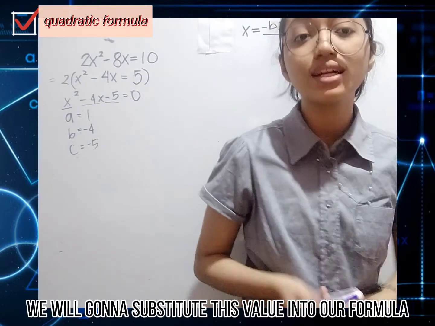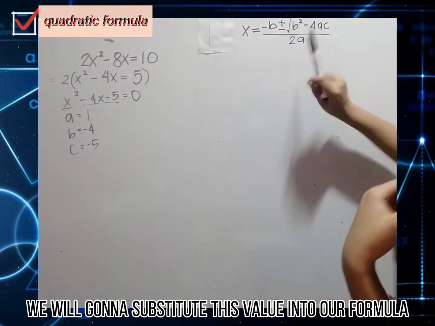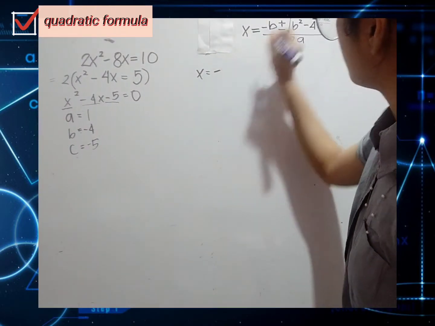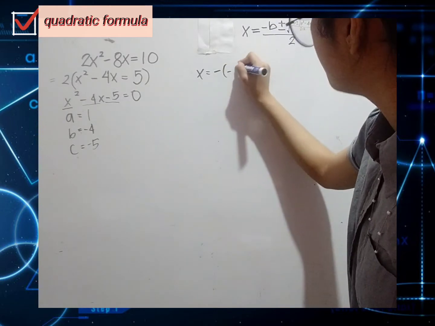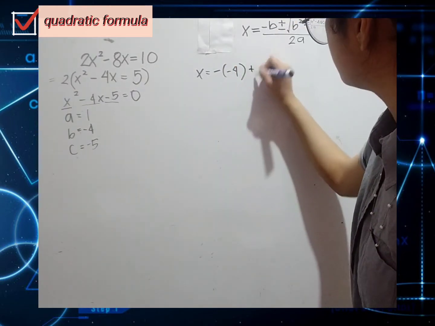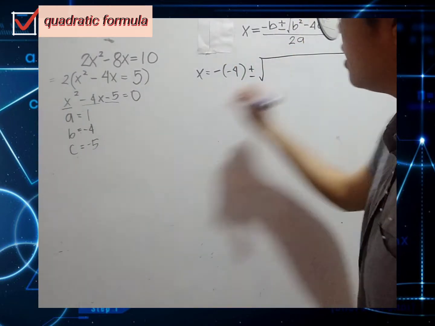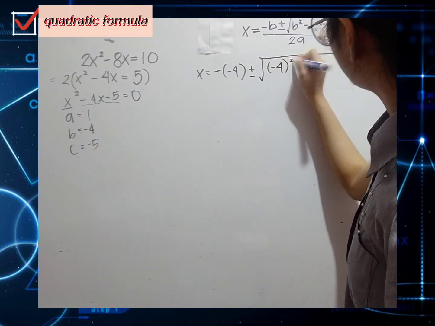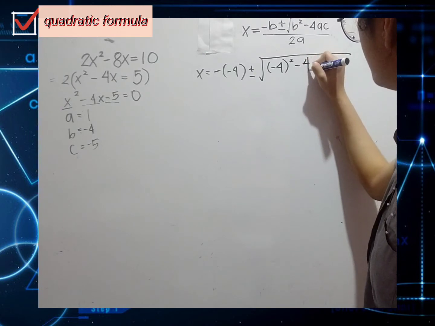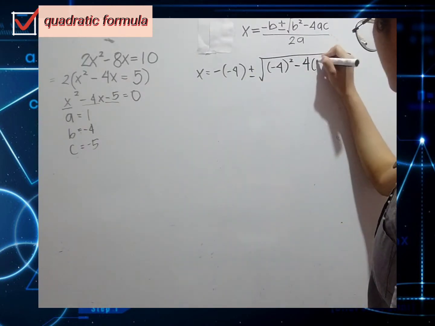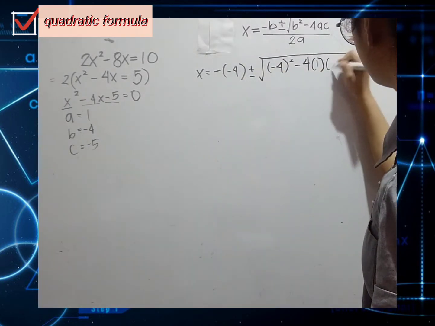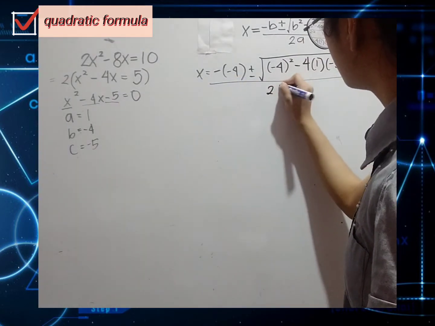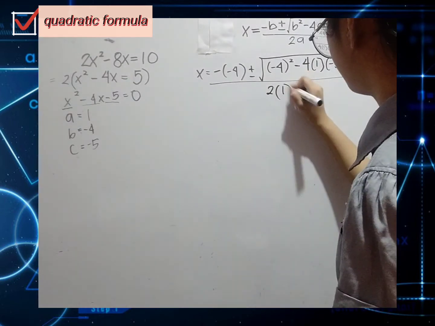Thereafter, we substitute these values into our formula. So let's start. x equals negative b, negative 4, plus or minus the square root of b squared, negative 4 squared, minus 4 times a, 1, times c, negative 5, all over 2 times a, 1.